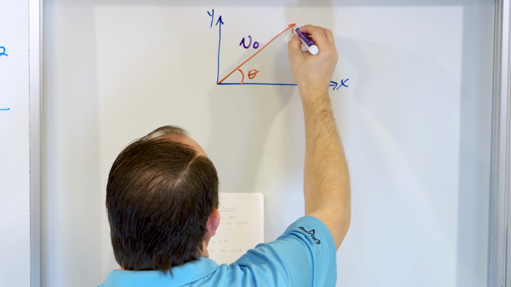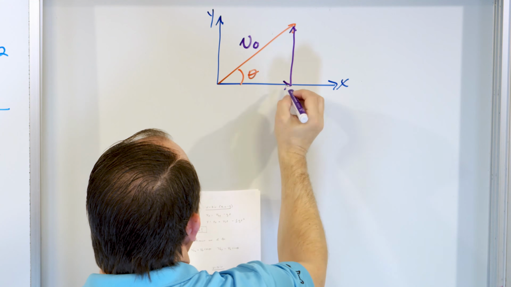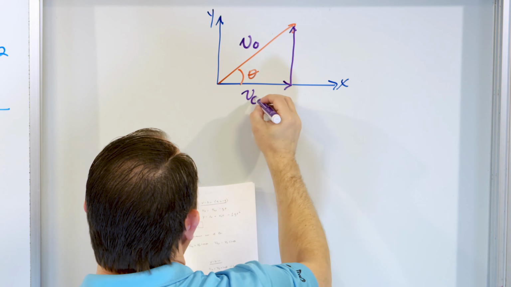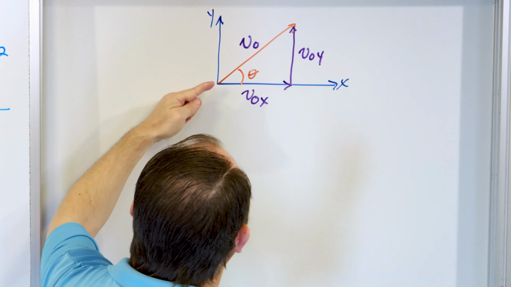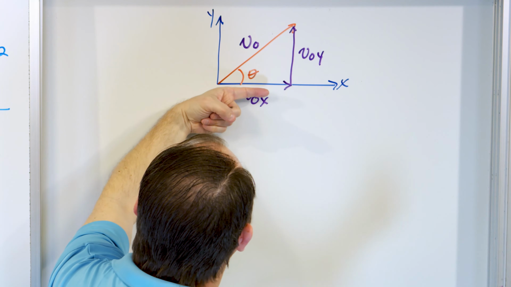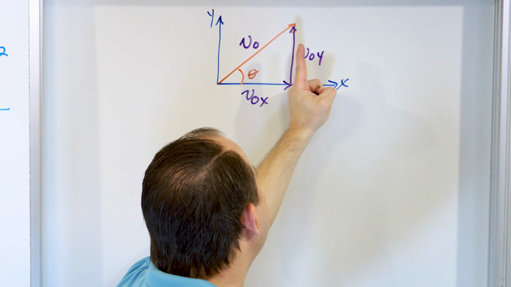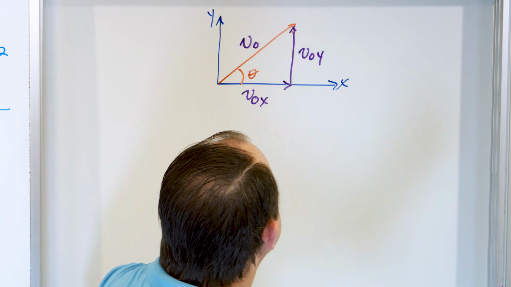And we're going to break it up into motion in the x direction and motion in the y direction. In the x direction, it's v naught x, and in the y direction, v naught y. So in order to get the angled motion at a certain velocity, all we do is, at its angle, we have some x component of the initial velocity and some y component acting up. The horizontal and the vertical give us the total.